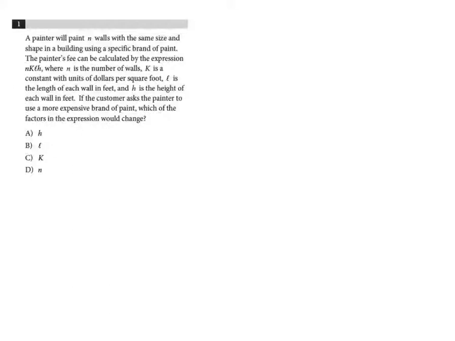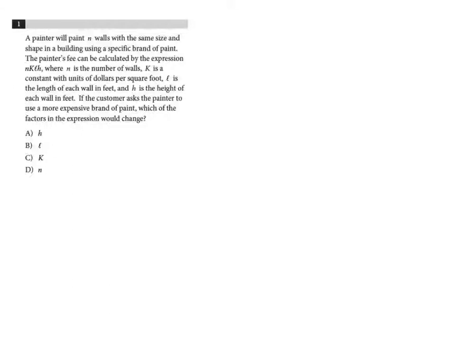The painter's fee can be calculated by the expression NKLH, where N is the number of walls, K is the constant with units of dollars per square foot, L is the length of each wall in feet, and H is the height of each wall in feet. If the customer asks the painter to use a more expensive brand of paint, which of the factors in the expression would change? Well, that's pretty straightforward.